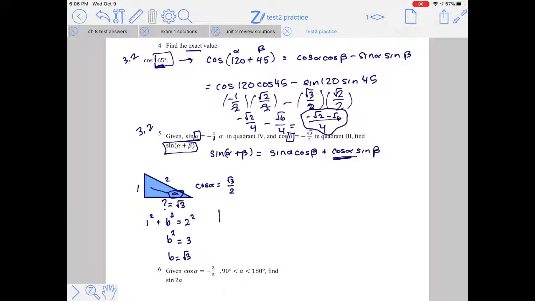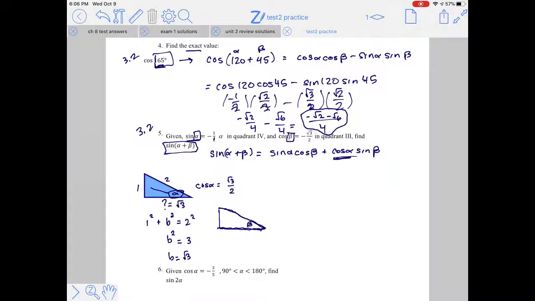Now we need another triangle for the beta angle. Well, that didn't work out. It needs to be a right triangle. There we go. We can put angle beta there. Now it's telling me that cosine beta is root 3 over 2.